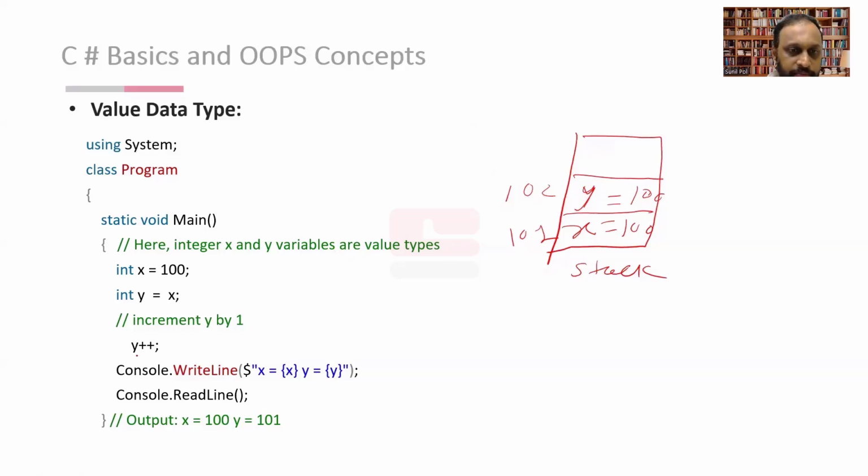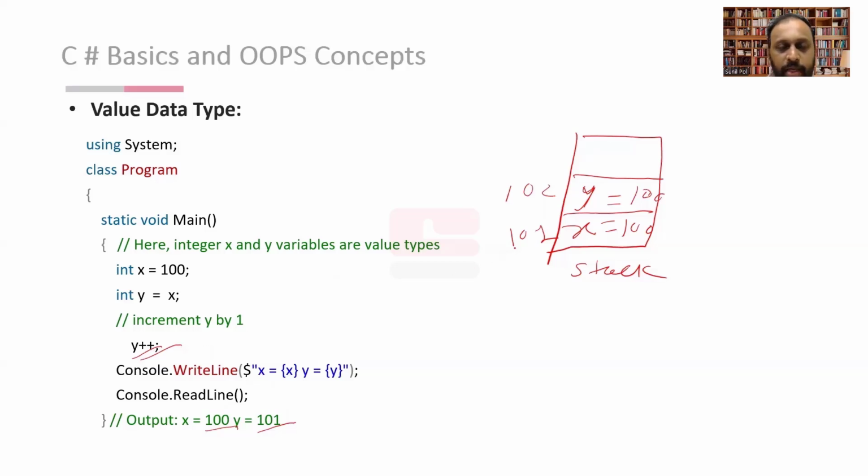After that, we are incrementing the value of y with y plus plus. As the memory is different, only the y value would get incremented and x would remain 100. We are just printing x and y, so the output would be 100 and 101, because we are incrementing the value of y only.